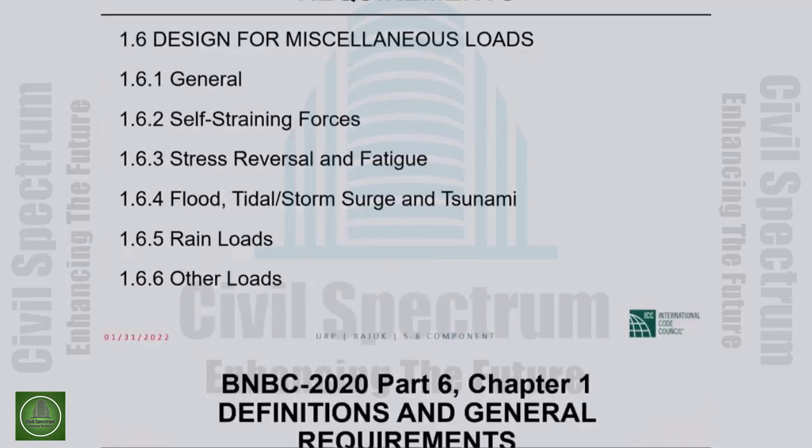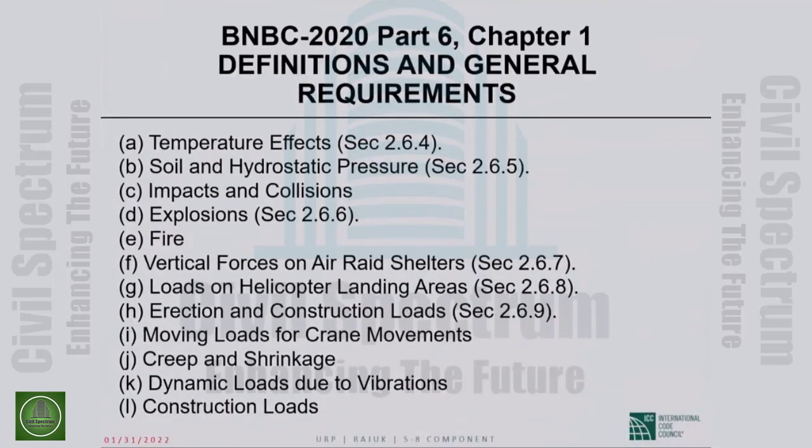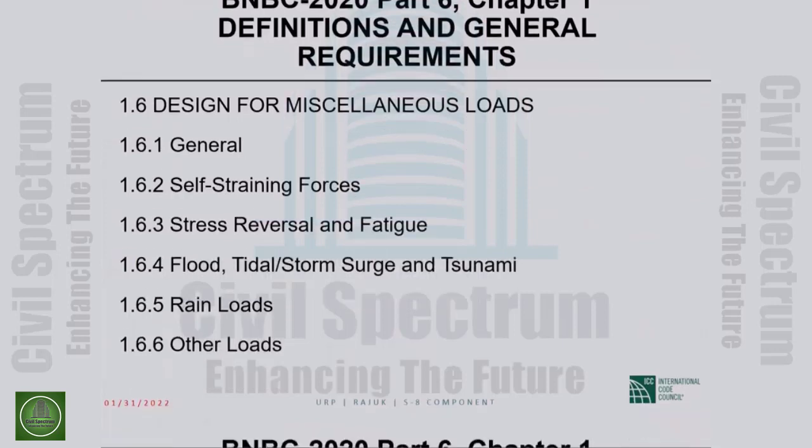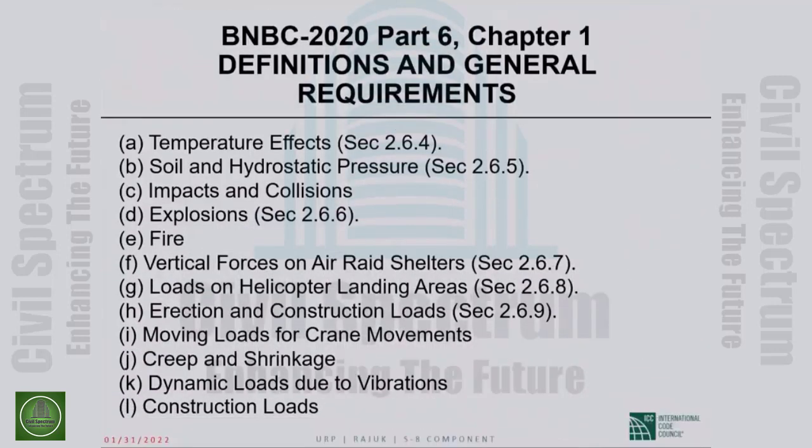So this is all in chapter 1, and then under 1.6 miscellaneous load, particularly 1.6.6 other loads, these other loads are itemized. Not a whole lot is said here, but the main thing that is done in chapter 1 is you are referred to the chapter 2 section where the code talks about these particular loads.